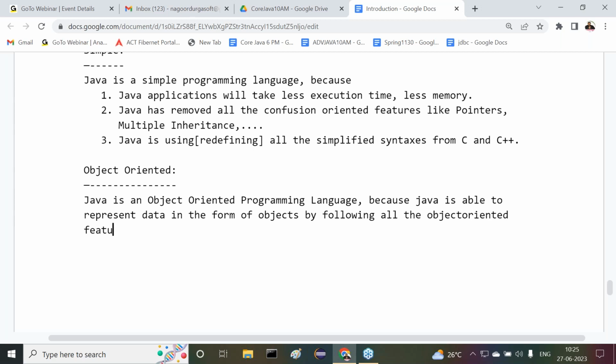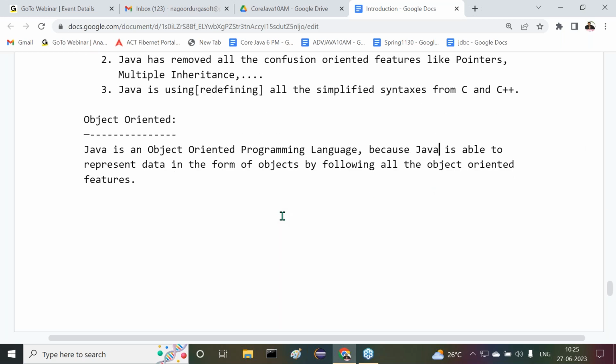The points are very clear. But what are the object-oriented features? How are these features available? What is the purpose of each and every feature? That we are going to discuss in the future, in the object orientation topic.